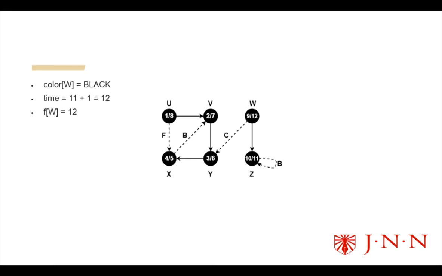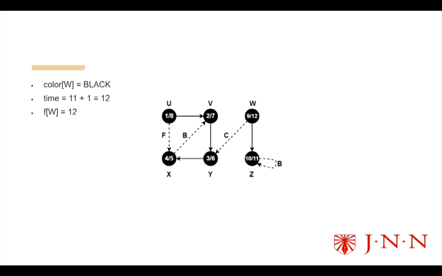So once again, the color of w is now going to be turned finally black. So that is the total time unit. From z it is 11, plus 1 unit of time incremented, that is 11 plus 1, 12. That is the final processed time unit for w, which is 12.